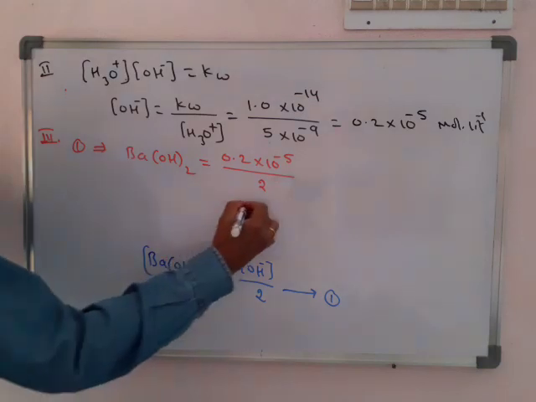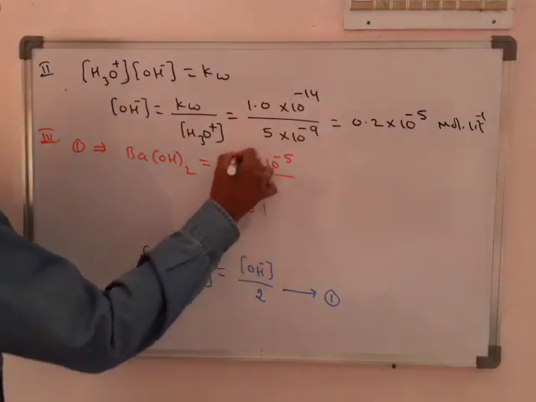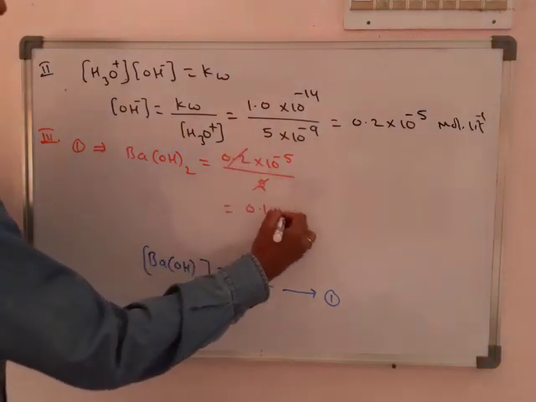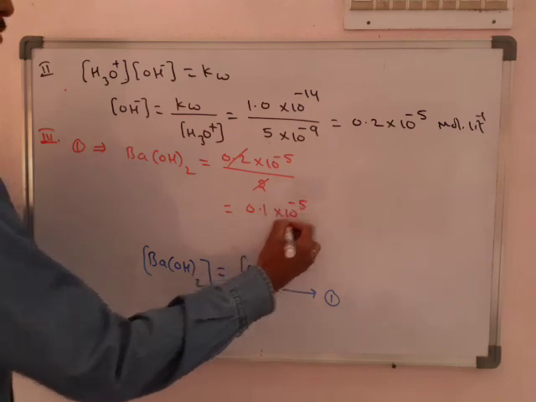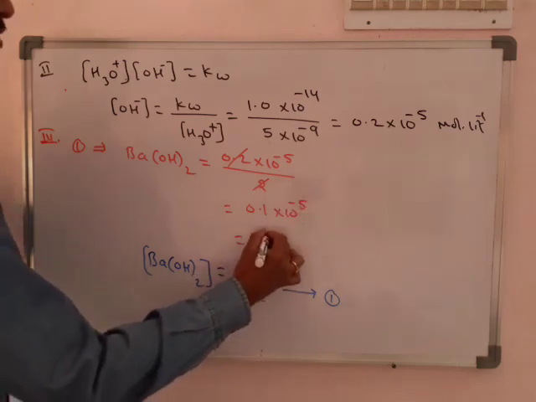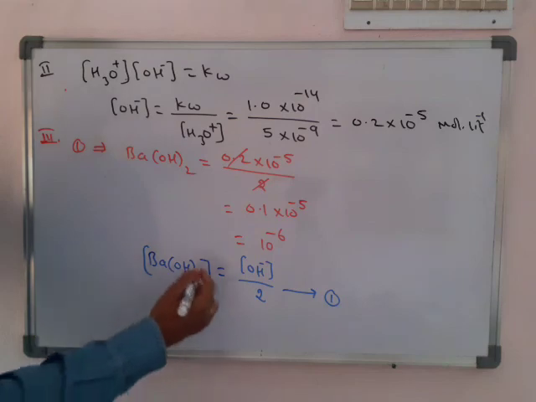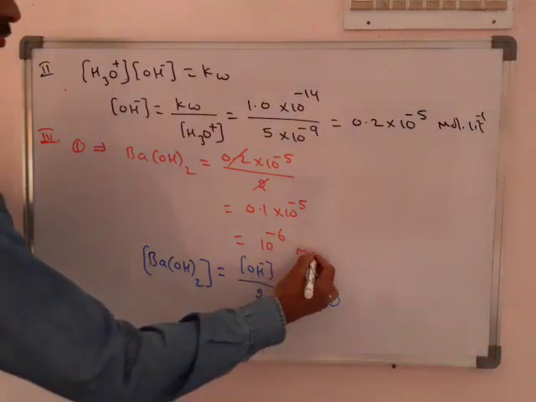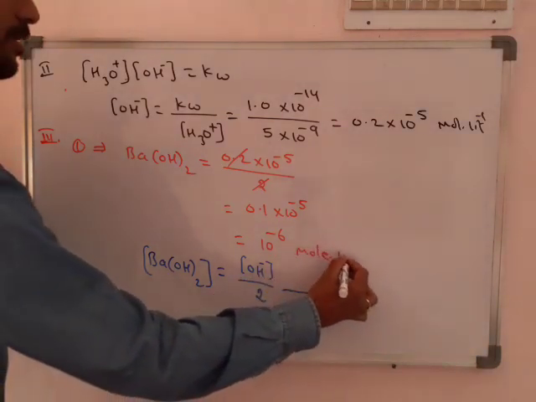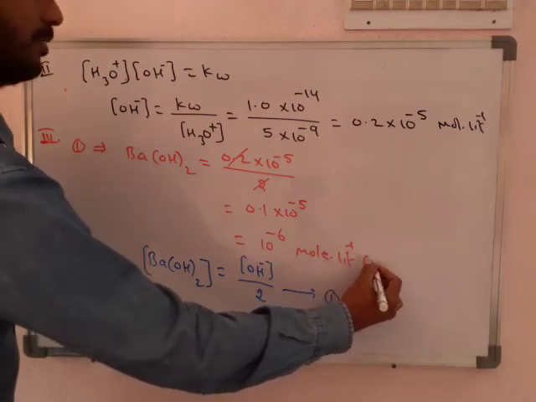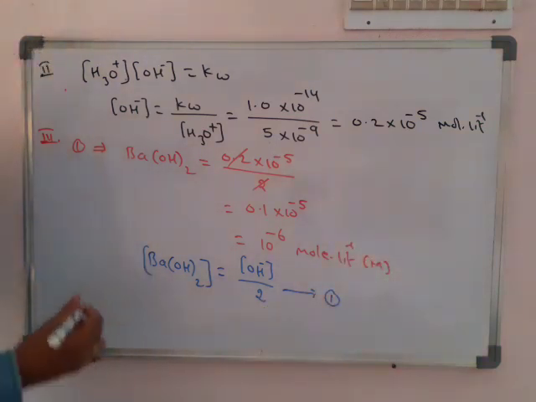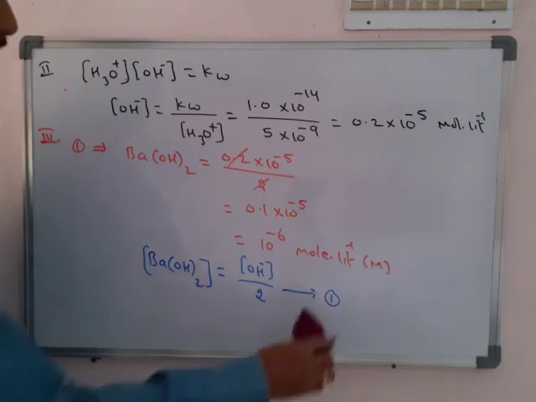So that is equal to, we get 0.1 into 10 to the power of minus 5. So I think in the options it is given. So concentration is in moles per liter. In the place of moles per liter, we can write the molarity M.